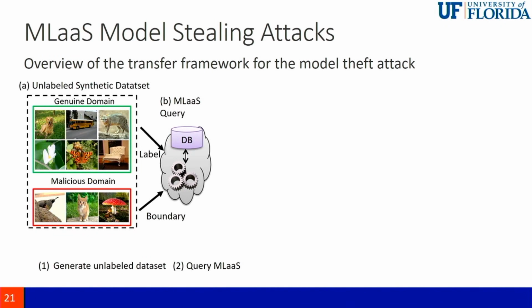So you see, in order to extract a fully black box machine learning model, we need to know its functionality, what kind of labels it will provide, and what boundary it has.